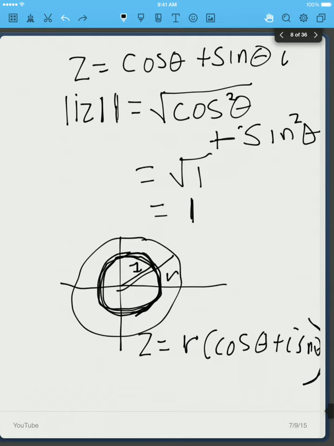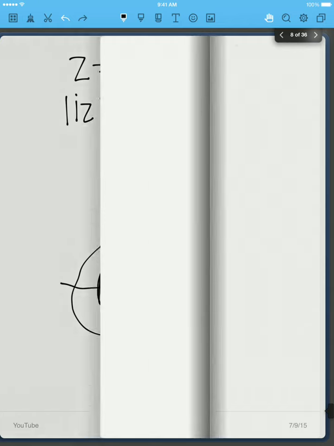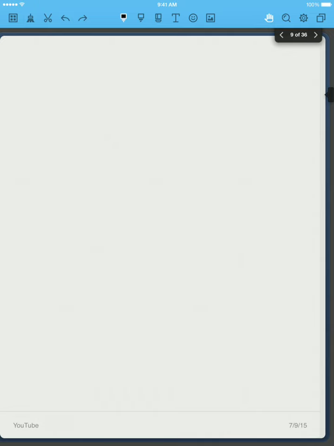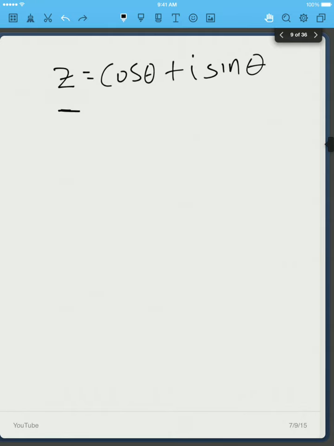Let me get to an important identity. If we look at z equals cosine theta plus i sine theta, we can say this is equal to a complex exponential. I won't prove this here, but it's a very interesting proof, and I'll do that in another video.